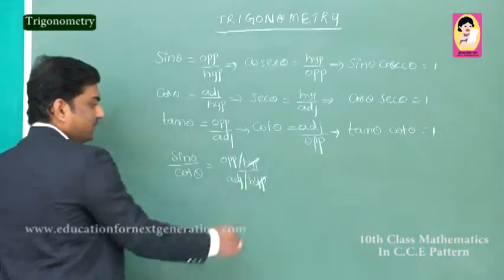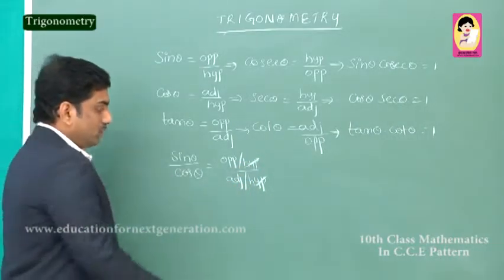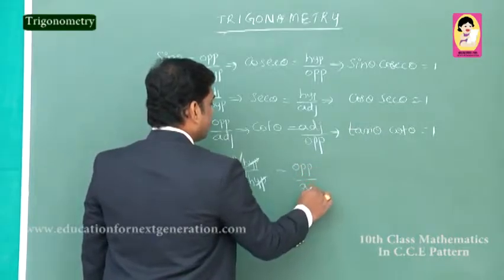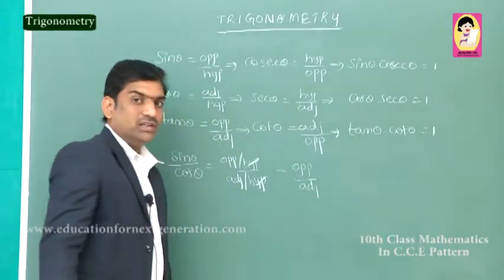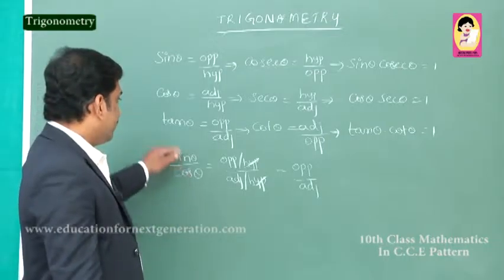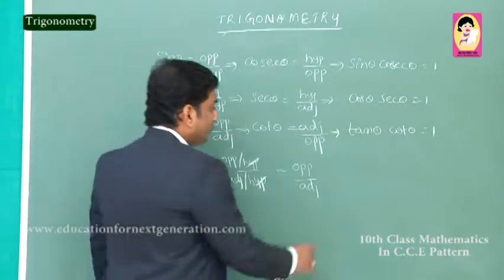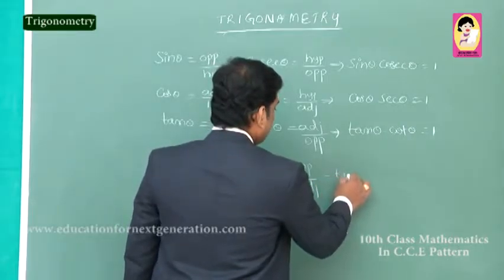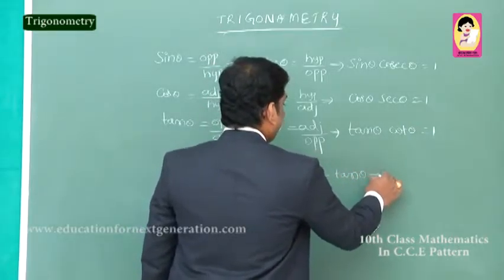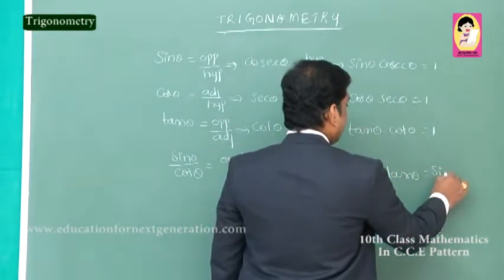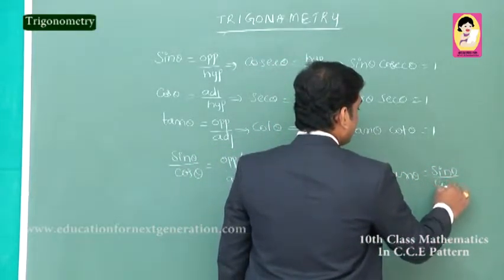As we know, hypotenuse and hypotenuse get cancelled. What are we getting? Opposite by adjacent. But according to the definitions, opposite by adjacent is nothing but tan theta. So we can write tan theta is equal to sin theta by cos theta also.